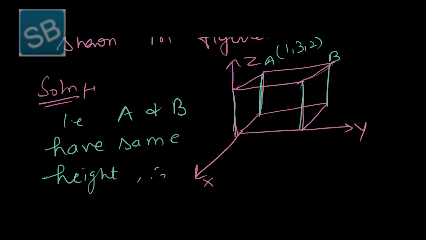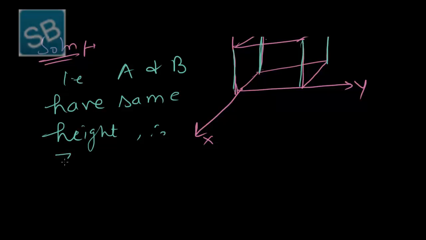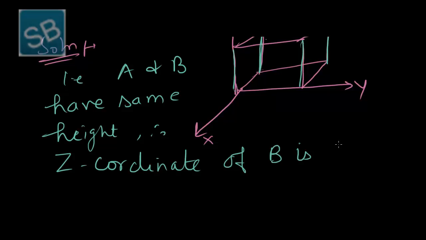Therefore, the z coordinate of B is the same as A, that is 2.